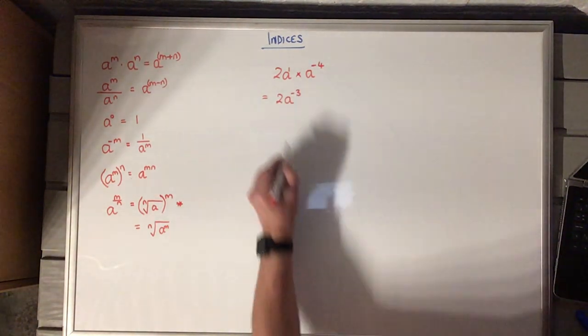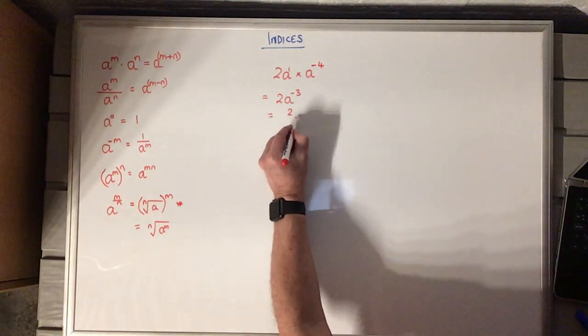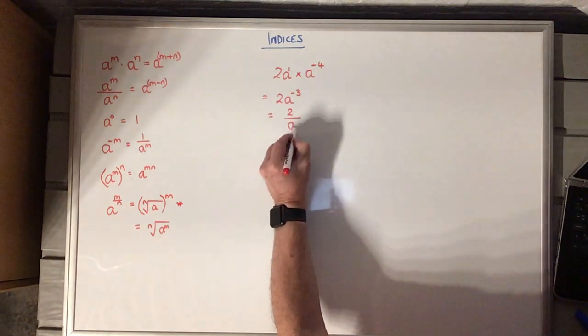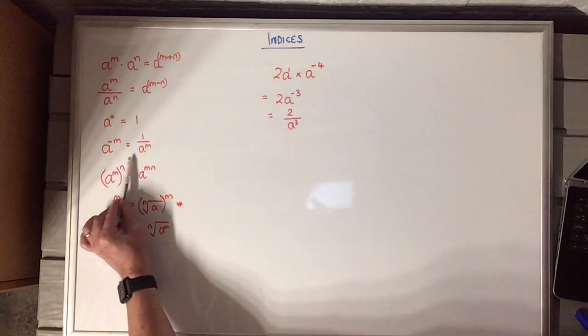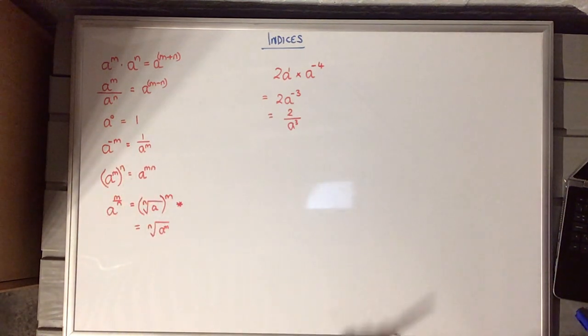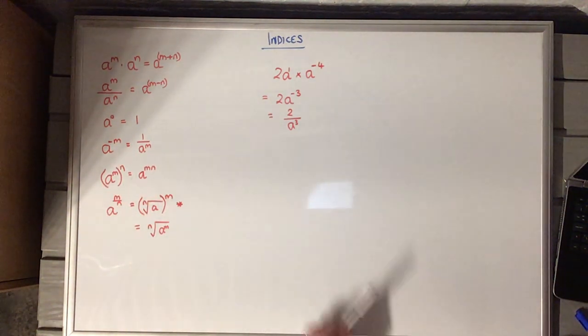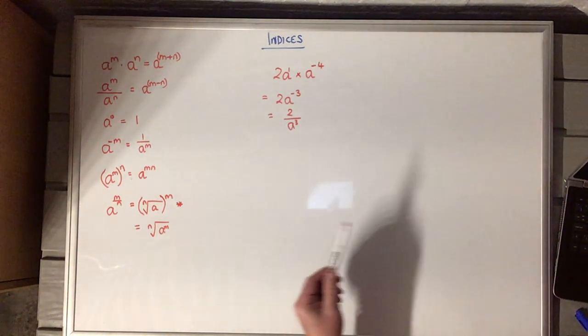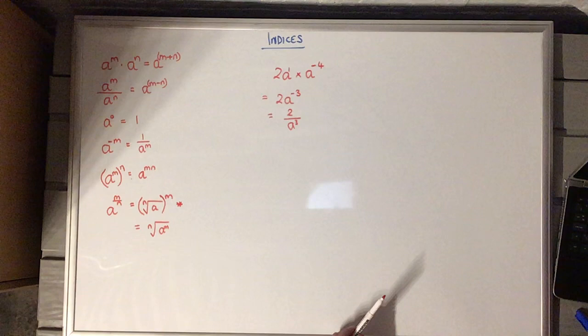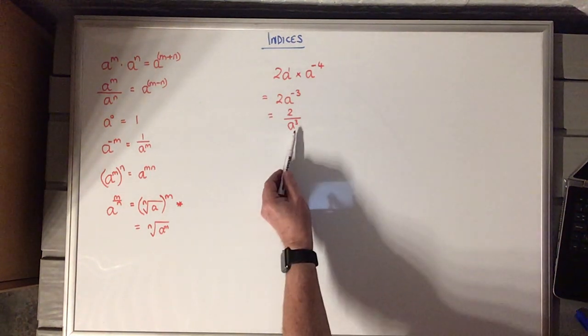And you could write that as 2 all over a to the power 3, using this rule here. Do you have to do that? Well, it's good practice to do that. I would always do that in the exam just to be on the safe side. Sometimes in an exam they'll ask you to do that and leave your power as a positive power, which means you have to do that bit there.